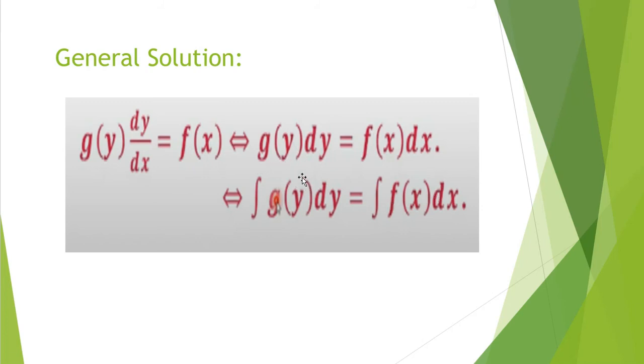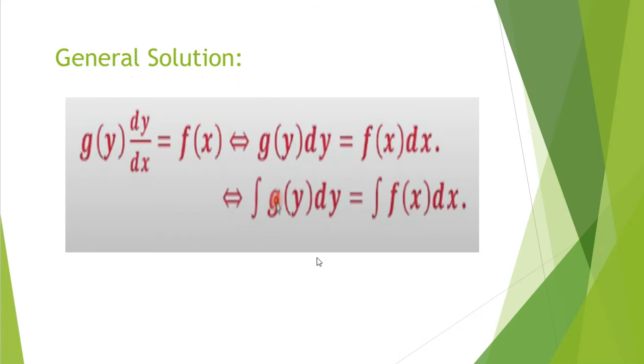Yung variable y ay nasa kaliwa, like we always do, at saka yung x dun sa kanan. We multiply both sides by dx. So, yung dx napunta rito sa kanan, while yung dy remains sa kaliwa. Okay? So, this is the first step. Yung second step is we integrate both sides.